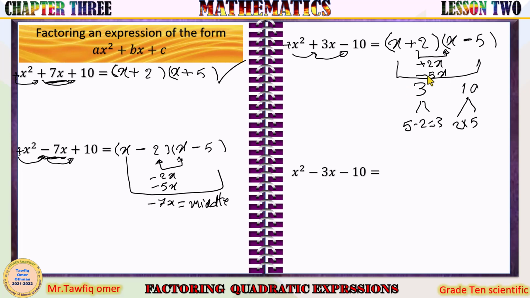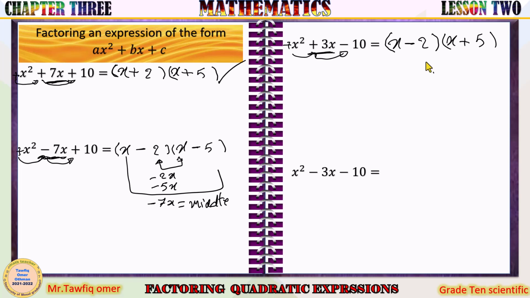It becomes 2x minus 5x is minus 3x, but we have here plus 3x at the middle. So something is not correct with the signs. So change the place of the signs. Make this one negative and this one positive. And now check your solution.